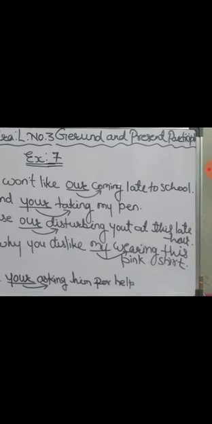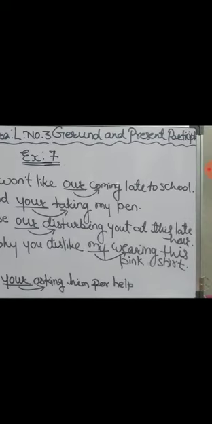The possessive pronoun will come: our disturbing. Next sentence: I wonder why you dislike my wearing this pink shirt. You can see my wearing, the arrow is made to wearing. Wearing is a gerund. The possessive pronoun my will be used: my wearing this pink shirt.